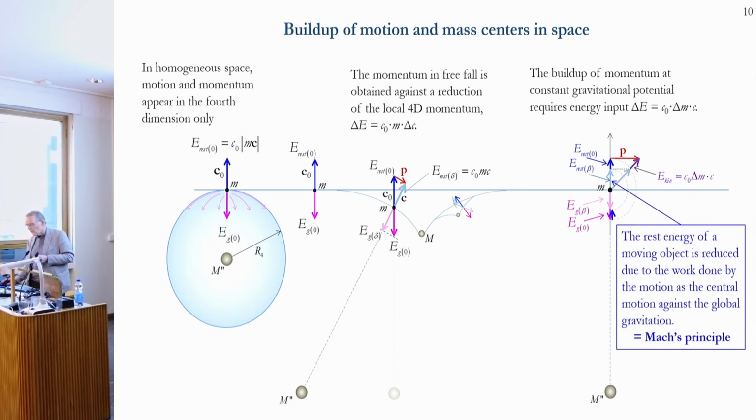So let's see further consequences. So here I already mentioned that we can see the Mach's principle here. So that was the work that reduced the rest energy of the moving object and also affected the clocks in motion.